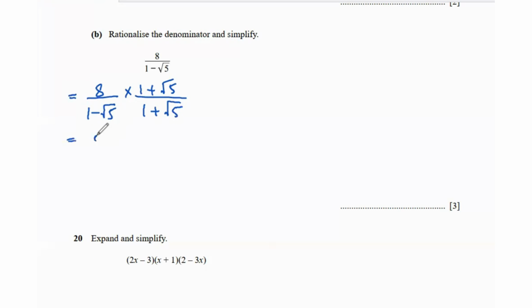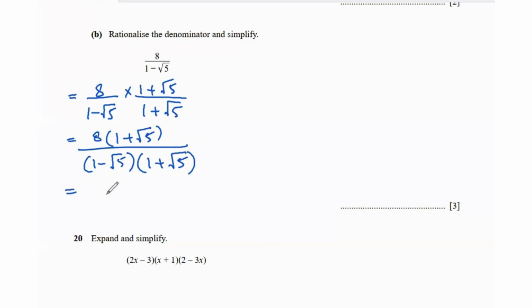So that's going to be 8 times 1 plus root 5 over 1 minus root 5 times 1 plus root 5. So expand the bracket in the numerator. So that's going to be 8 plus 8 root 5.